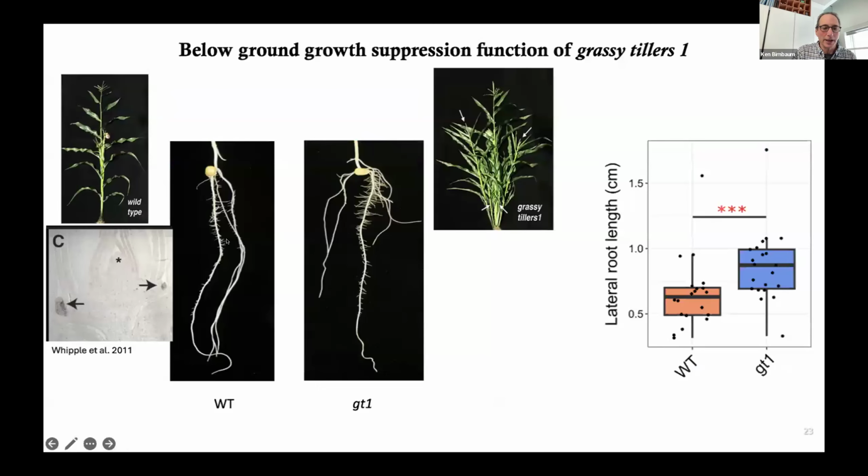And long story short, yes, if you look at the Grassy Tillers mutant, you see the laterals now growing out more. And so these cells now don't have the instruction to halt the cell cycle, and so they're growing out longer.